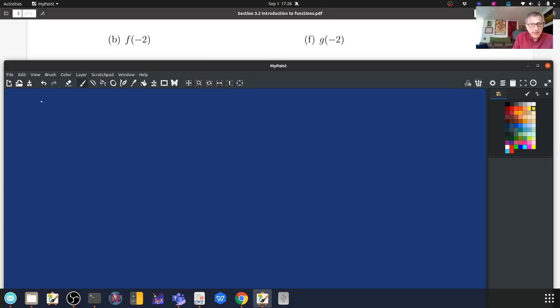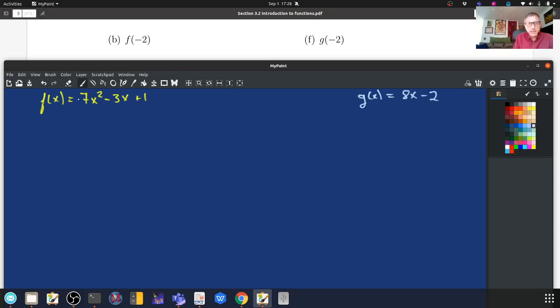I'm going to write down f of x is equal to 7x squared minus 3x plus 1. And over here, I'll write that g of x is equal to 8x minus 2.